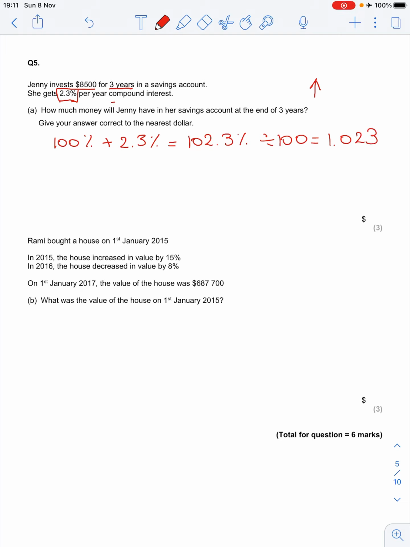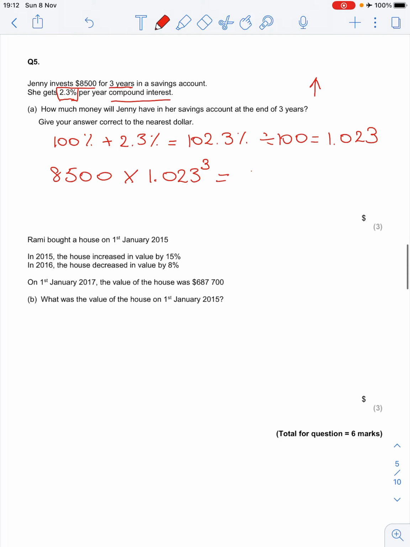And it's compound interest over 3 years. So we start with our original 8,500 multiplied by 1.023. Because it's 3 years, it's to the power of 3, and it equals 9,100.09.